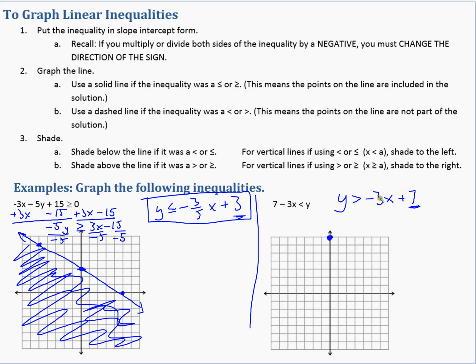Our slope is -3, which we can think of as -3 over 1. So our rise is -3, which means down 3. So we're going to go down 3 and right 1. Down 3, right 1. And we'll keep doing that to maintain our accuracy.